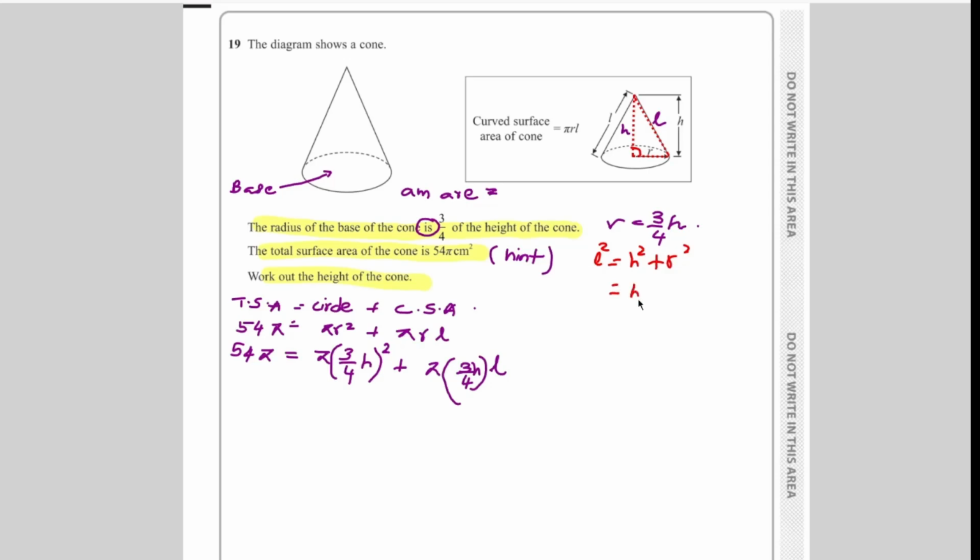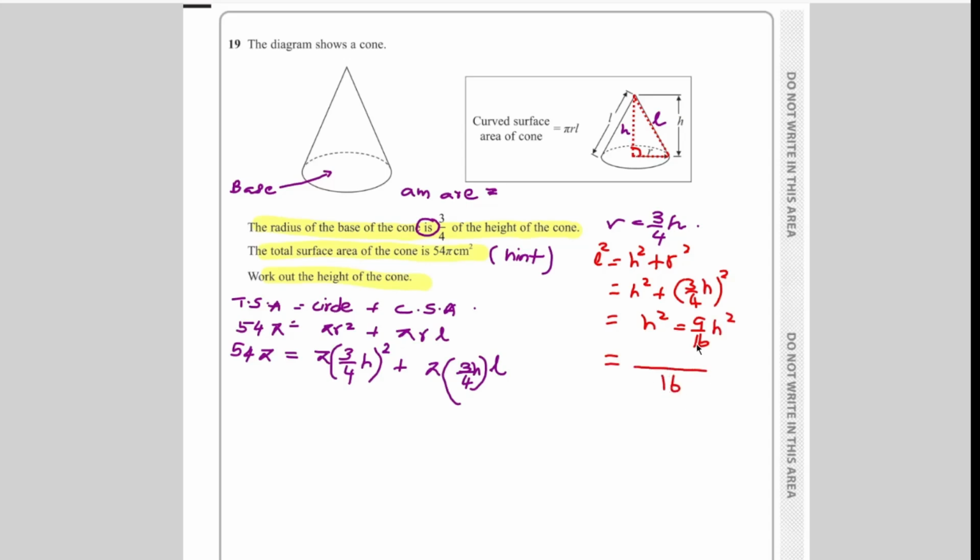So h squared, we got what r is, 3/4h, so we need to make it squared. Then h squared plus 9/16 h squared. Let's get it into a common denominator.